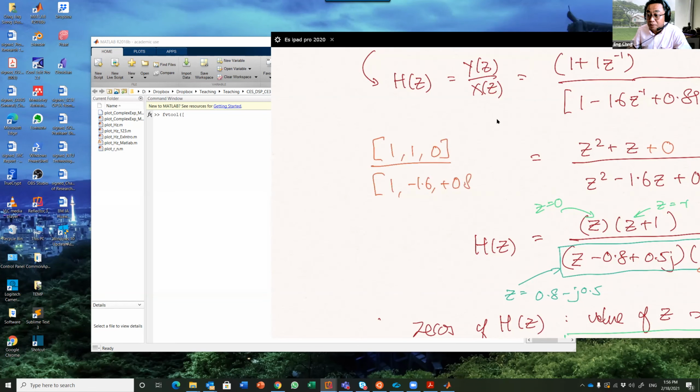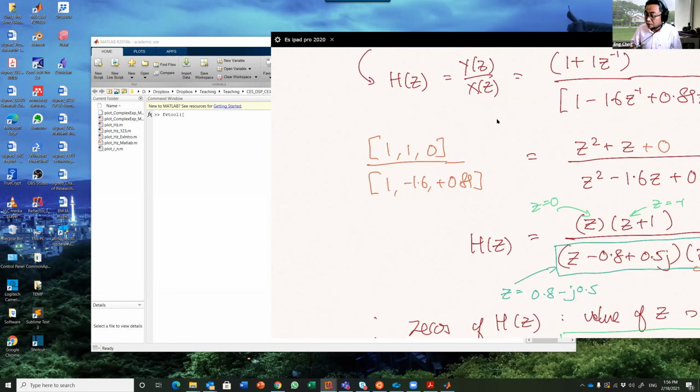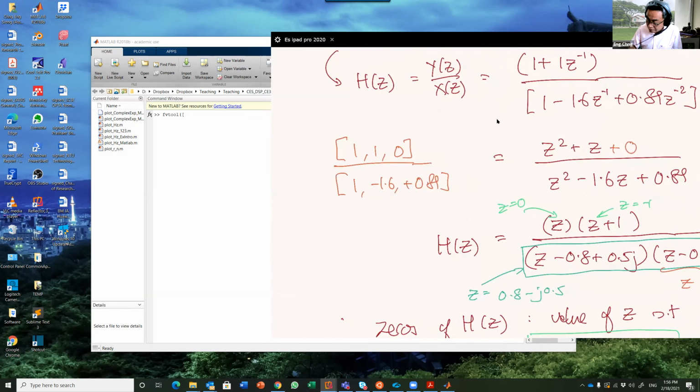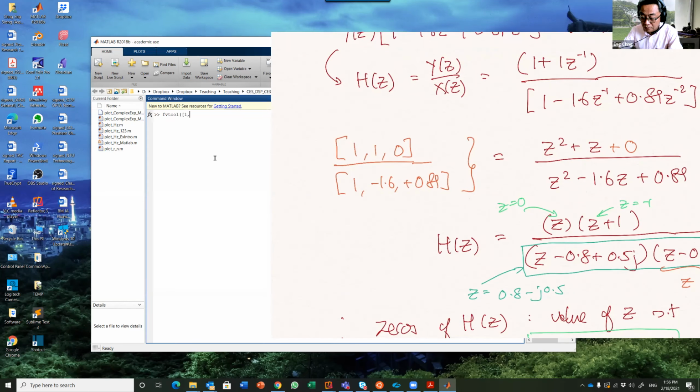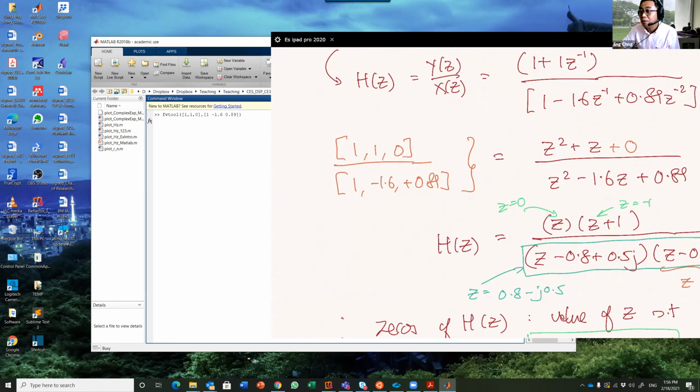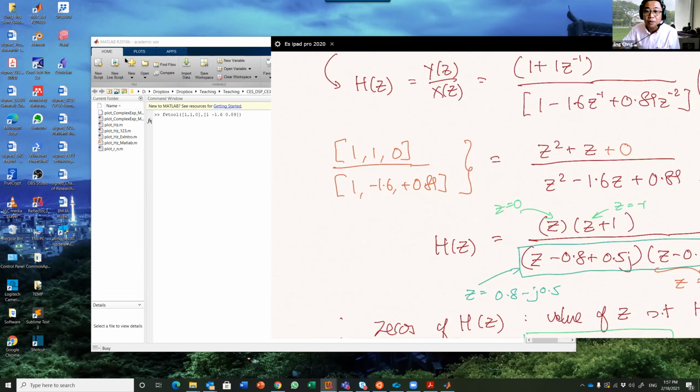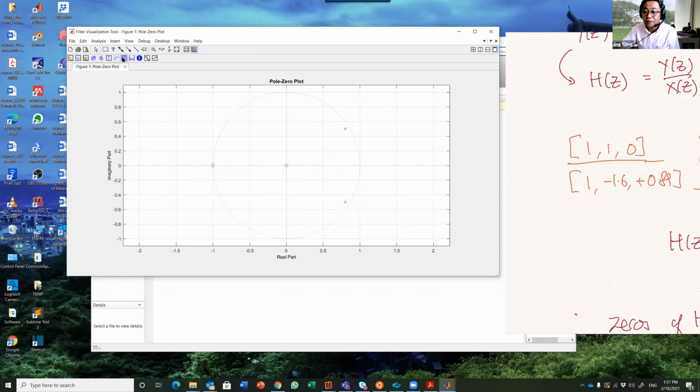What do these numbers represent? In fact, you see, they represent the coefficients of the Z transform. So let's try 1, 1, 0, 1, minus 1.6, 0.89. And for a sanity check, we'll see whether we get our pole and zero correct first.